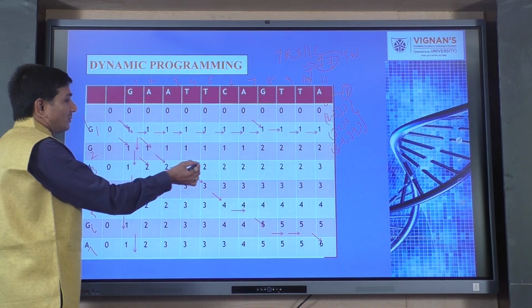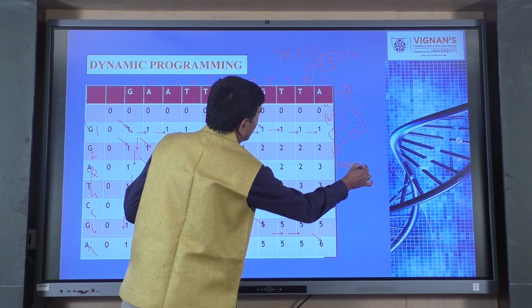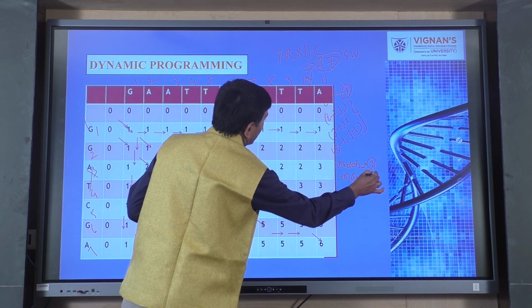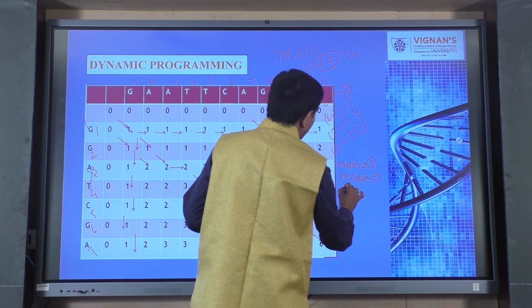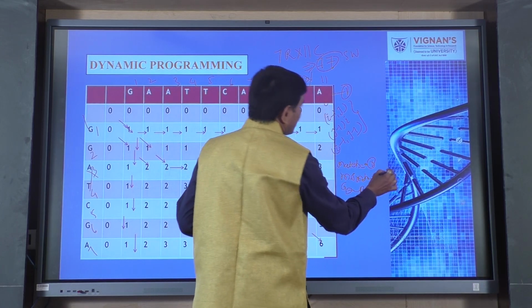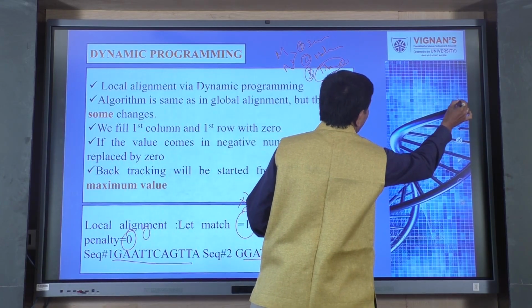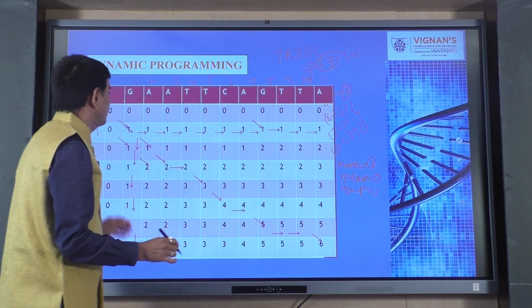So, as we have seen in the previous slide, the value assigned for match was 1, mismatch 0 and gap 0.